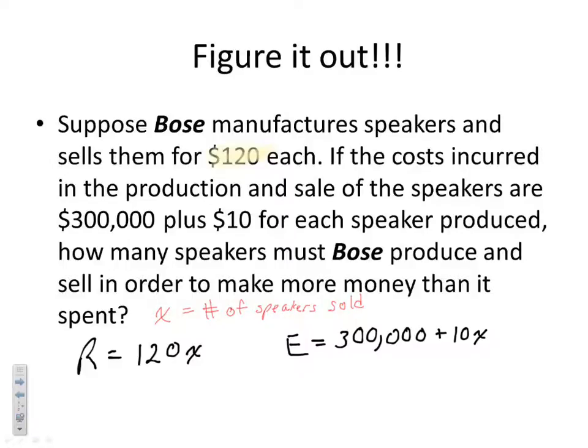So what I want to know here is, when is my profit going to exceed my expenses, all right? So hopefully you can figure out when your profit is going to exceed your expenses. All right, well, that's what I want you to do here at this point. When does my profit exceed my expenses? Take a stab at it. You should be able to figure it out. Just a little thought.